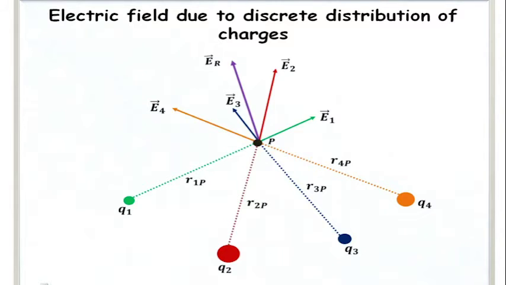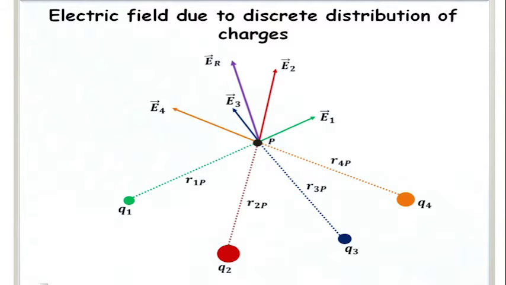These are the many charges discretely distributed, and the position vector r1p is from the charge q1 to point P. The distance between the charge q1 and P is r1p, and we know that for a positive point charge, the electric field is directed away from the point charge. So it is outward. So the E1 vector, the electric field line, will be outward. Then for the other charges, the directions of the electric field are shown in the figure.